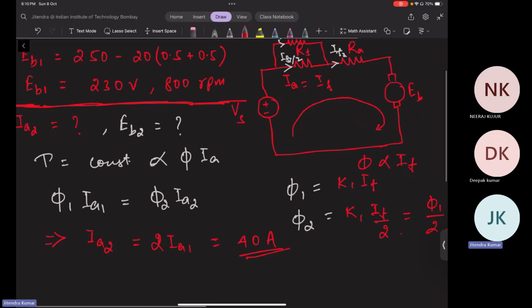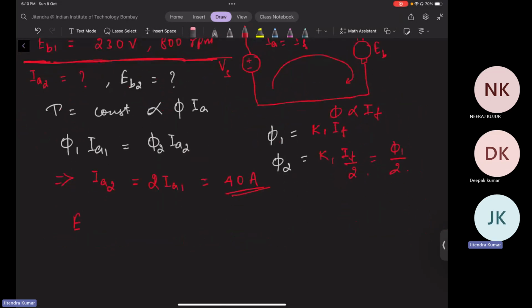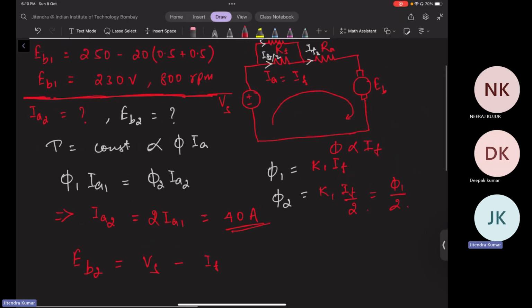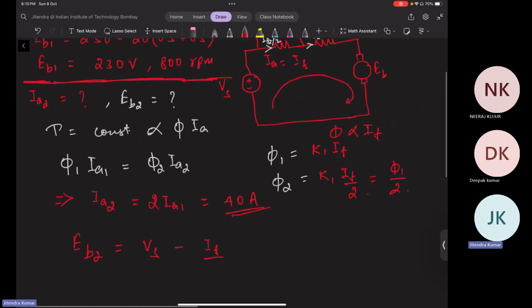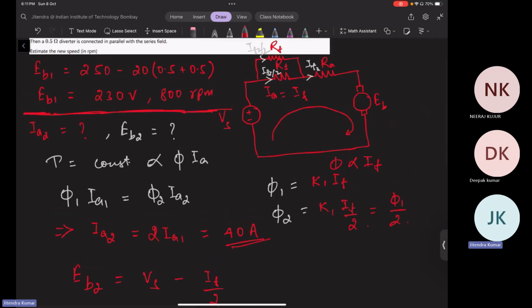So the next step is that we should find out the EB2, and after that we are good to compute our speed. So EB2 we can calculate, that will be Vs minus IF by 2, right? And in the second case, let me indicate it here.